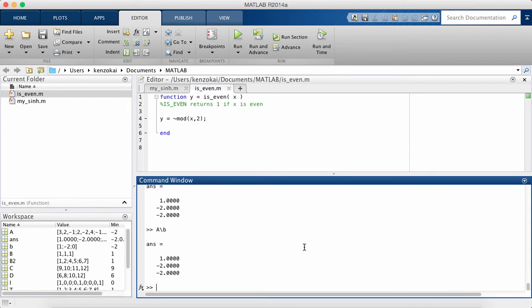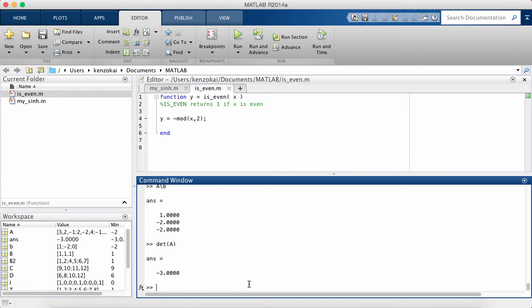Now we're going to talk about some other linear algebra concepts that you can do in Matlab. One of them is taking the determinant of a matrix. That is just a simple function called det.